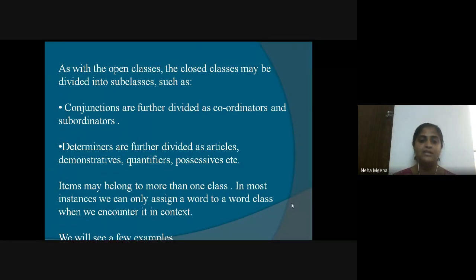Similarly, when we talk about the functions that these classes play, as we are talking about the determination of these word classes today, we see that all these classes are subdivided.